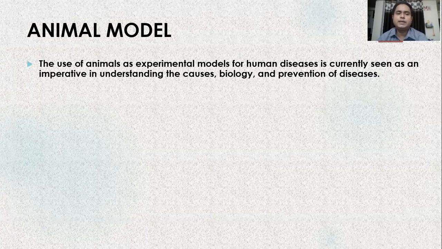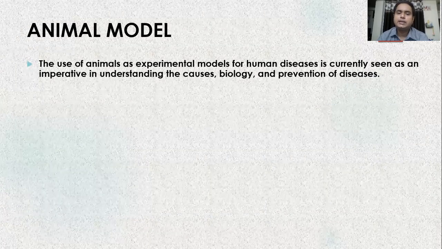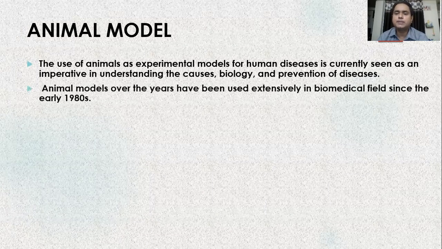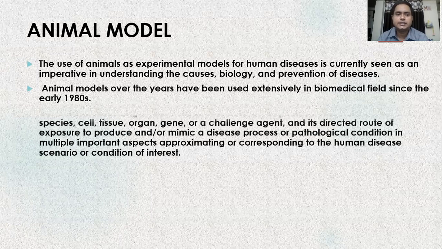So the use of animals as experimental models for human disease is currently seen as an imperative in understanding the causes, meaning etiology, biology, and prevention of disease. Animal models over the years have been used extensively in the biomedical field since the early 1980s.